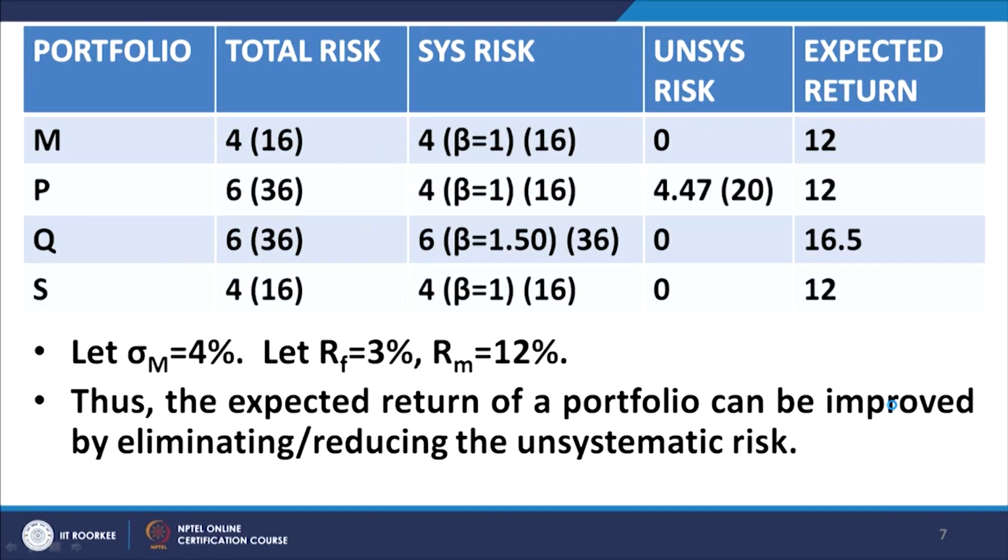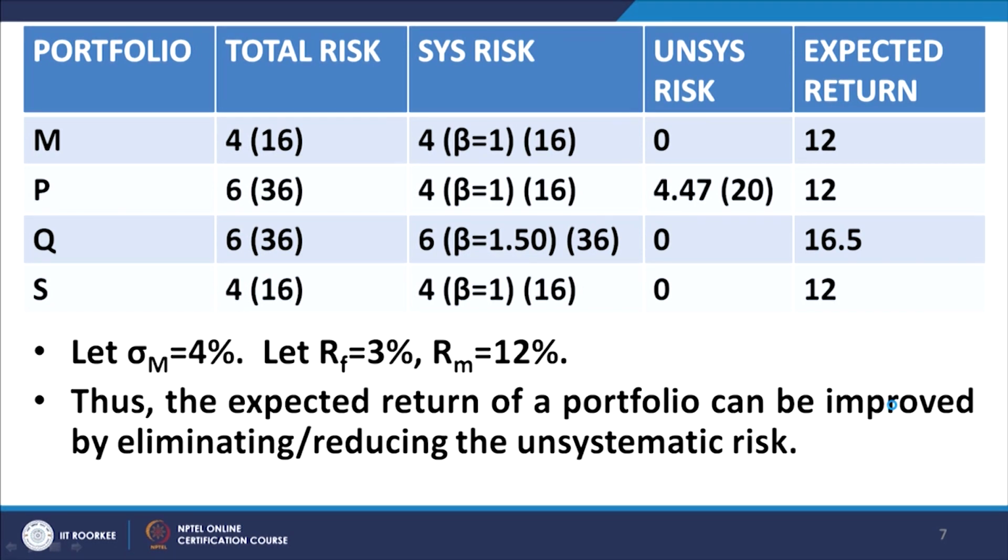Similarly, if you have another portfolio S which has a total risk of 16% square, but the entire total risk, I am sorry, is the systematic risk. In other words, systematic risk is also 16% square and unsystematic risk is 0, then you end up with the expected return of 12%. So, what do we observe between portfolio P and portfolio S?